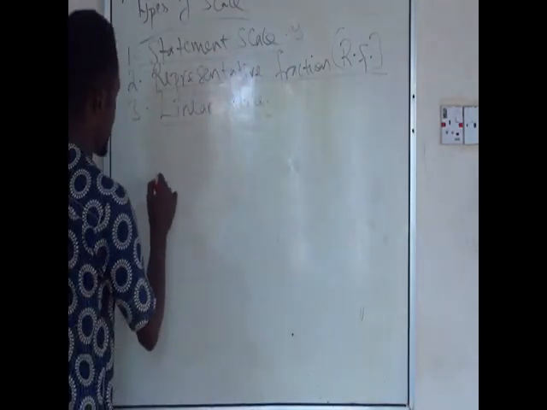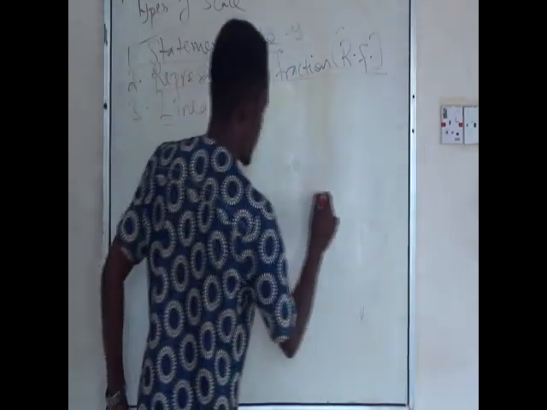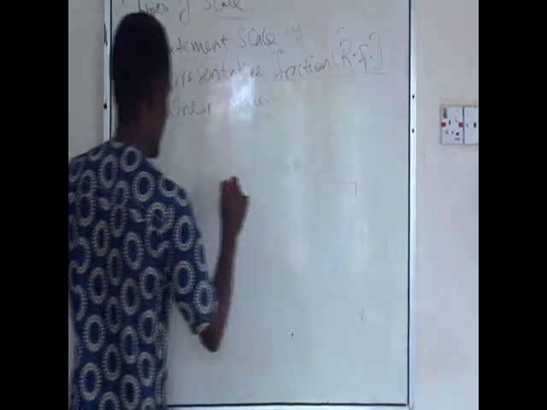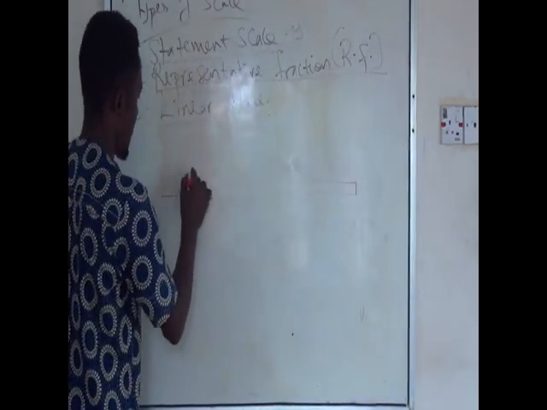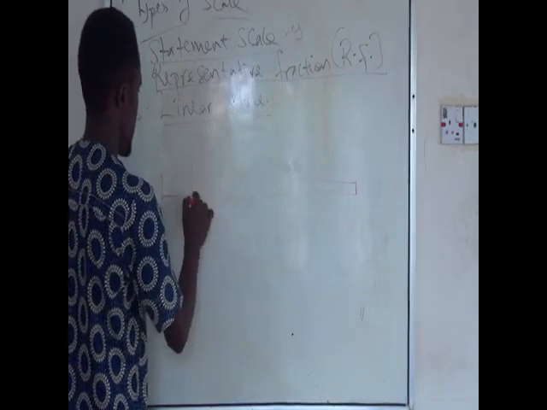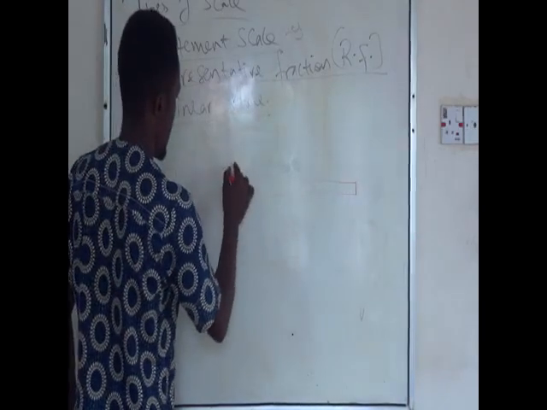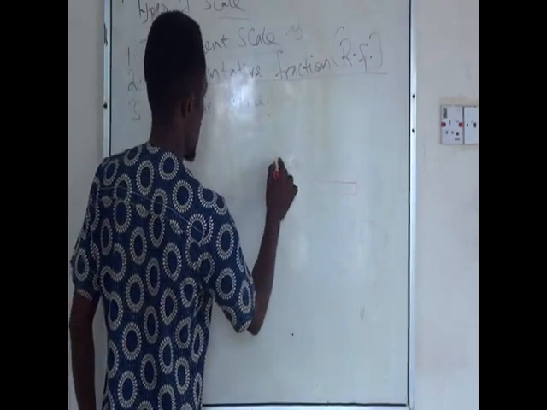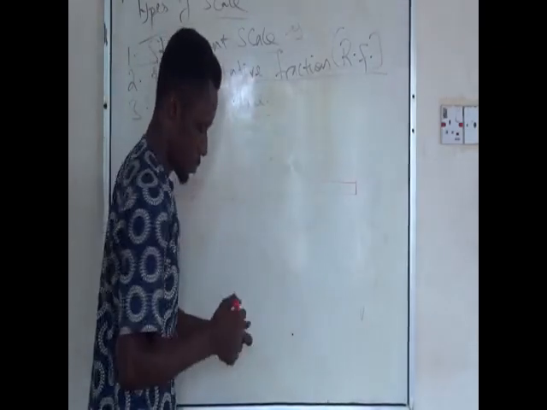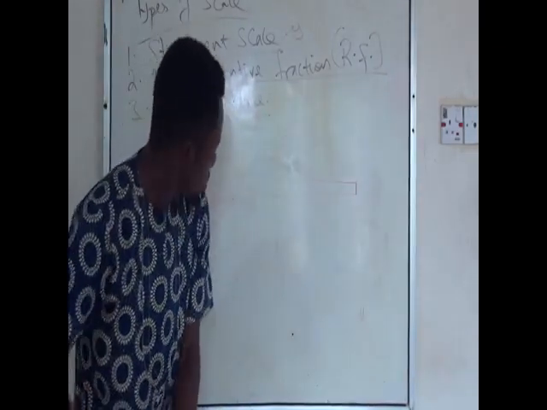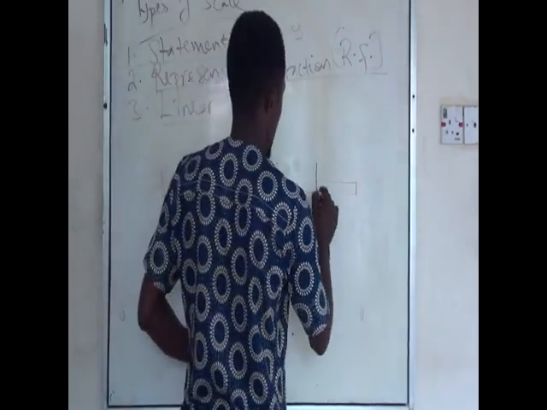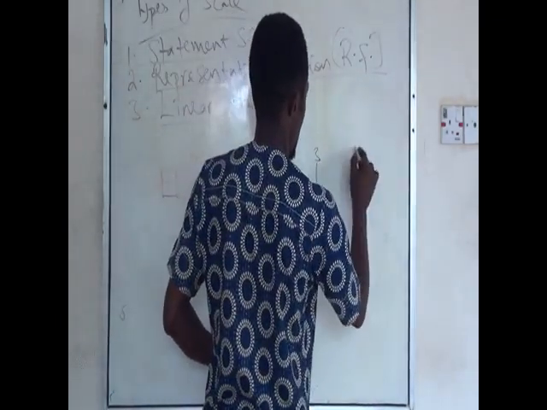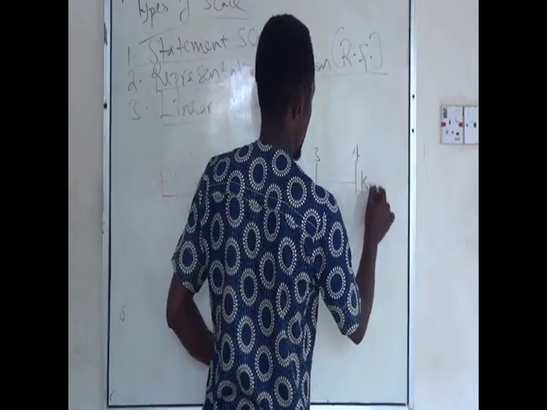Let's have a diagram. It says a straight line, you have it like this. Good. Zero, 1, 2, 3, 4, and we have kilometer.